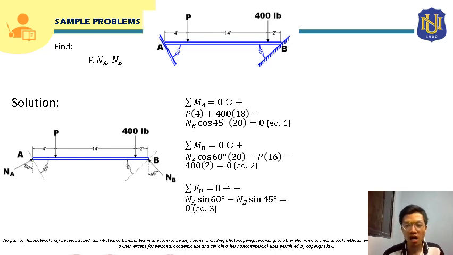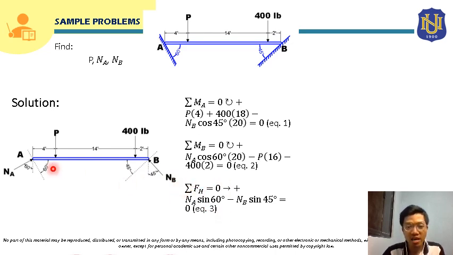So the summation of horizontal forces is equal to 0. In this case, only NA and NB will have a horizontal component, and that will be included in our summation of horizontal forces.